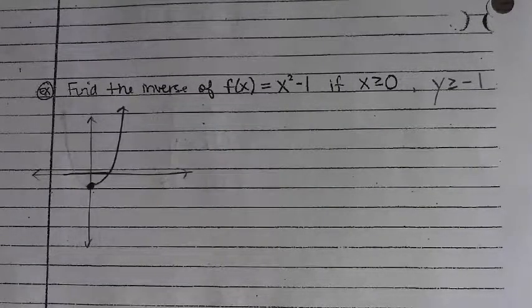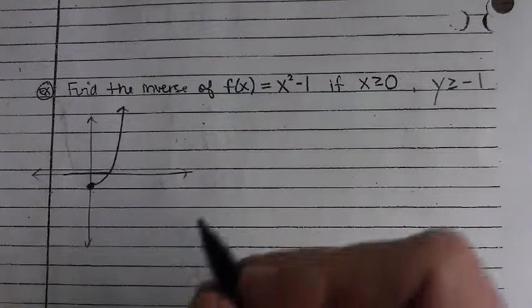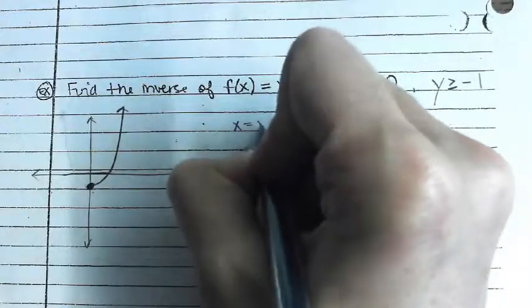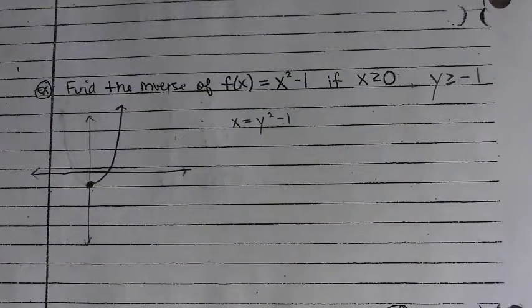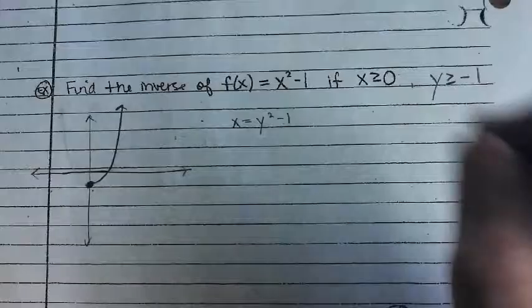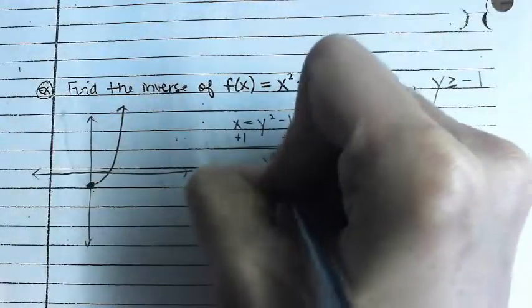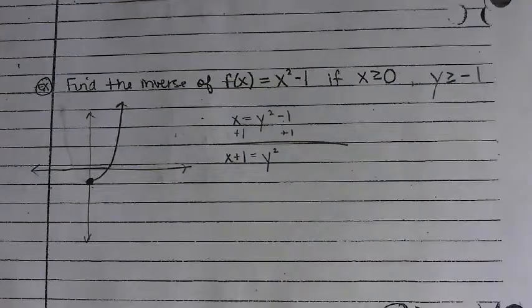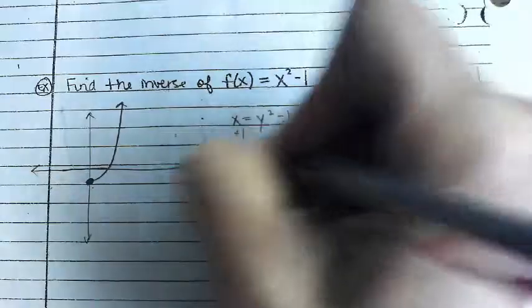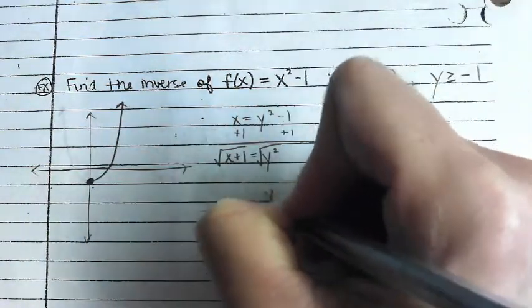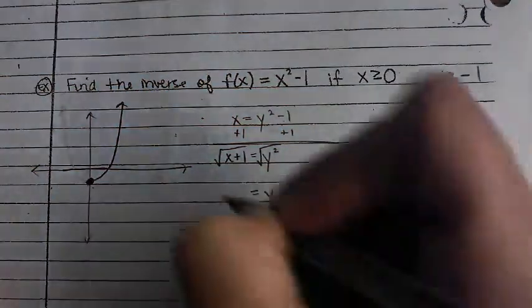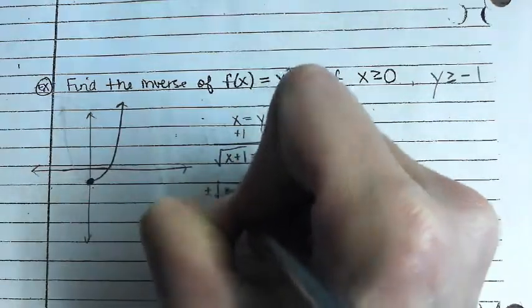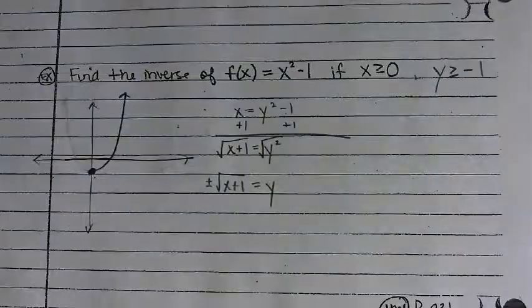And then we're going to go ahead and write the inverse. So x equals y squared minus 1. Add 1 to both sides. Square root both sides. So y has to equal plus or minus root x plus 1.